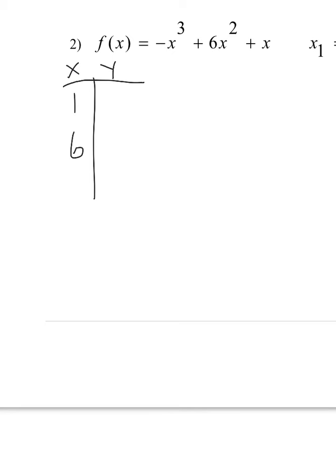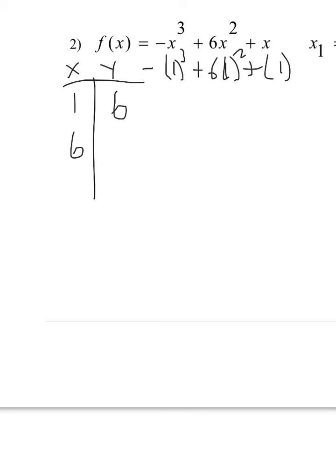Now we need to plug those values into x and solve for y. When I plug in 1 in each place, I get negative 1 plus 6, that's squared, plus 6, so negative 1 plus 6 is 5, plus 1 is 6. So here I get a 6.